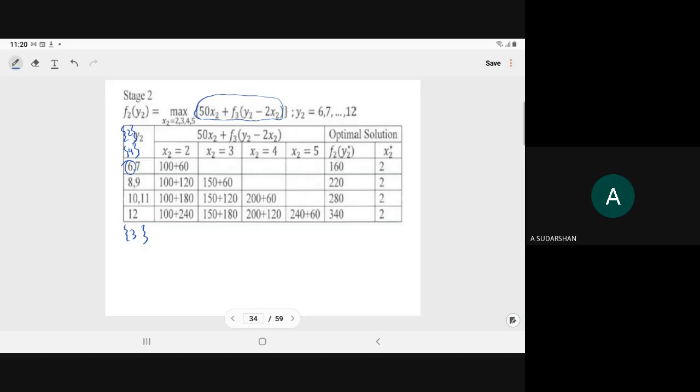When we have 8 and 9, you can allocate 2 or 3. When we have 10 and 11, you can allocate 2, 3 or 4. When we have 12, you can allocate 2, 3, 4, 5. So x2 can be 2, 3, 4, 5 for y2 equal to 6, 7, 8, 9, 10, 12.